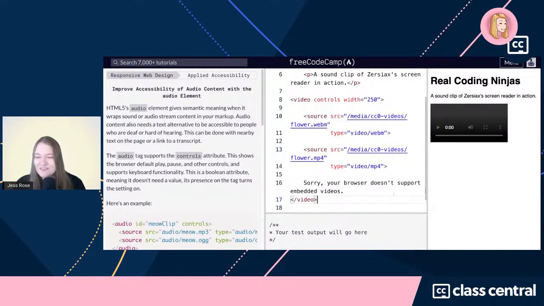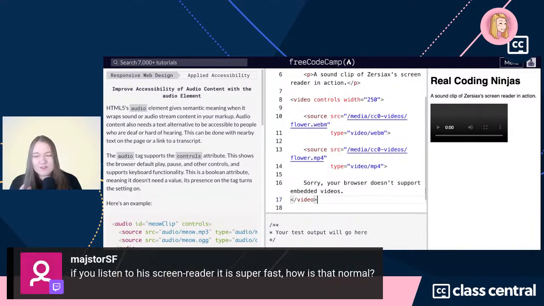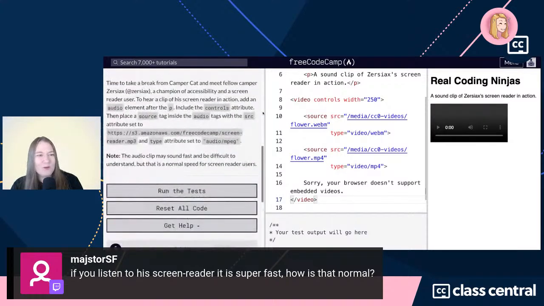Oh, Matchstore is asking a really good question. If you listen to a screen reader, is it super fast, and is that normal? It is not only normal, it's so normal that we got a little warning to say, hey, this audio clip sounds fast, but this is normal for screen reader users. A lot of the content where it says header, da da da da, is going to seem super fast.